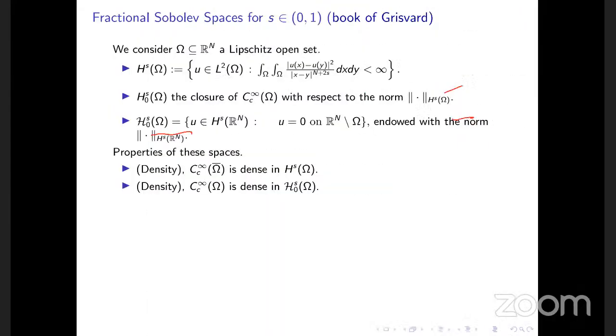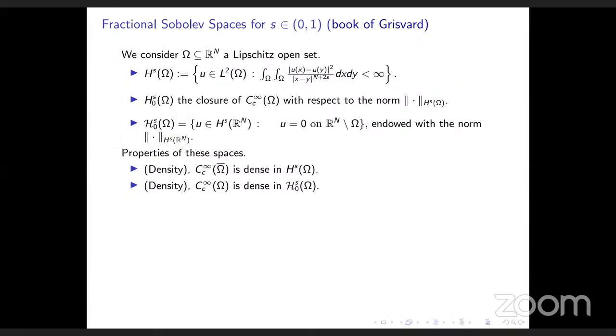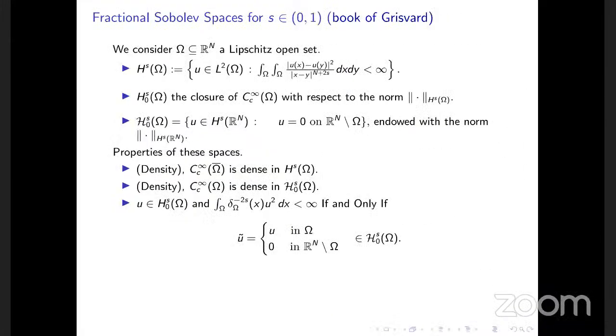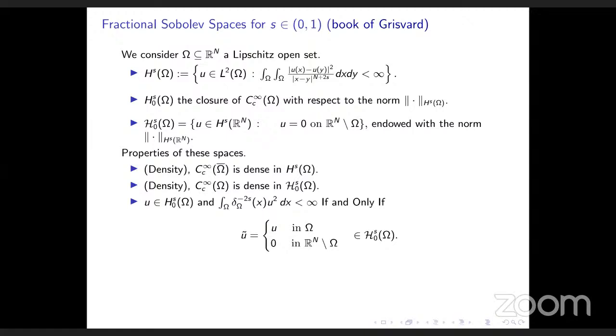We also have the density of C_c^∞ in H^s_0 with respect to the H^s norm, which is true by weakening the regularity of Ω; continuity is enough. And also we have the link between the space H^s_0 and the space calligraphic H^s.